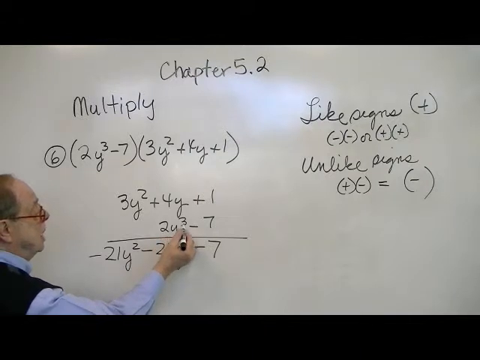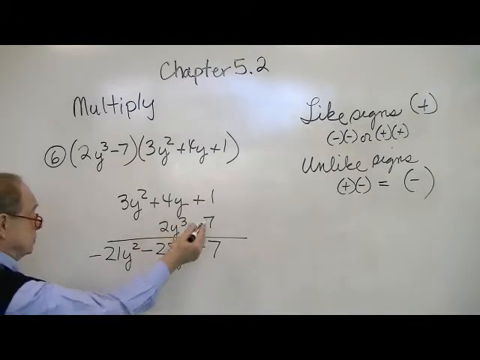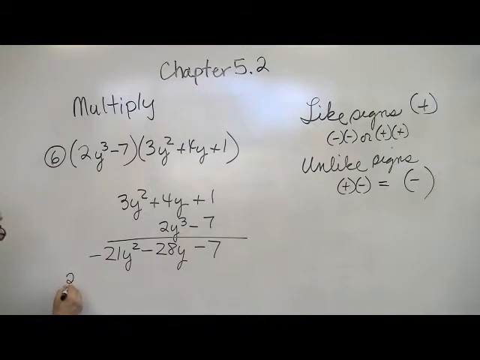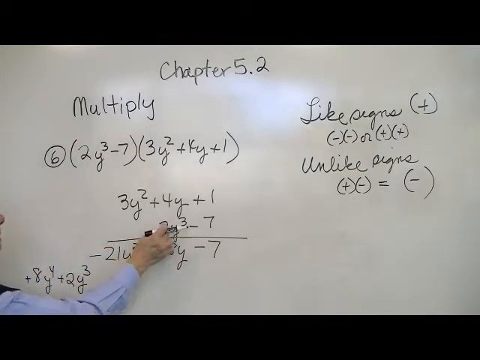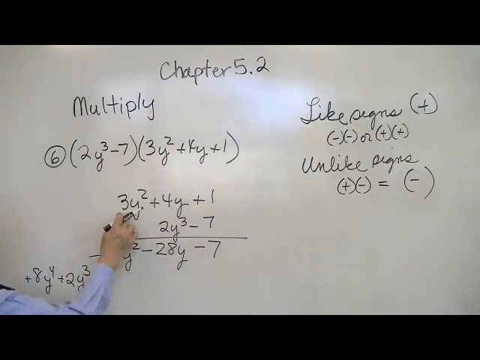So 2y to the third times 1 is going to be 2y to the third. There are no like term columns to put it under. This times this will give me a positive 8y to the fourth. And this one will give me a 6y to the fifth.